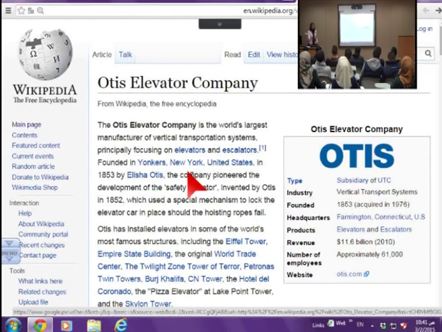So that is the family name. The company pioneered, and the word pioneer is one of the words familiar nowadays, meaning a trailblazer. It pioneered the development of the safety elevator, invented by Otis in 1852, which used a special mechanism to lock the elevator car in place should the hoisting ropes fail.